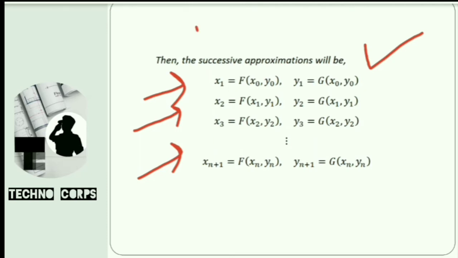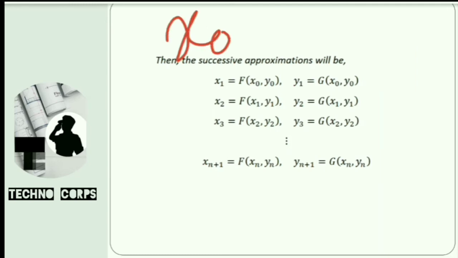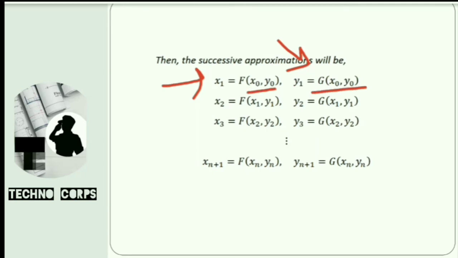First of all, we have assumed x naught and y naught as the first approximation of the root. By taking these values we can go for the first iteration, that is x1 and y1. Simply we have to put the values of x naught and y naught in these equations.